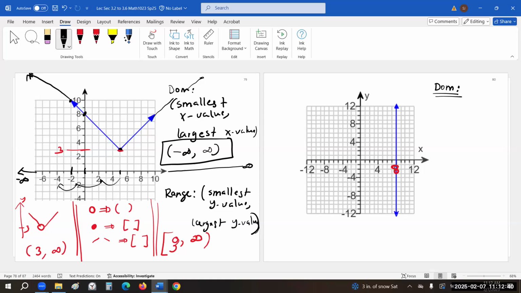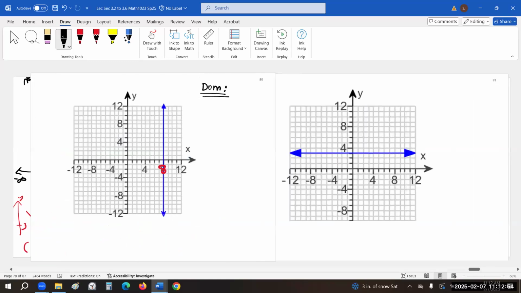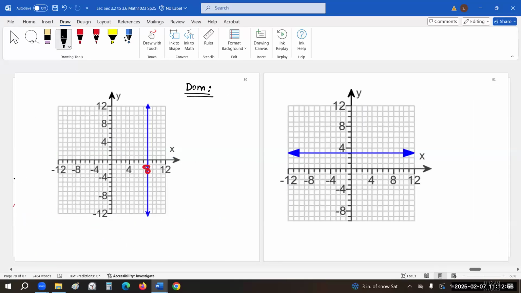I'll give you a few pictures, probably 3 pictures. You have to find domain and range for each one of them. And I have one last one. It's a line that goes through the x, y value 3. Find the domain and range for each.